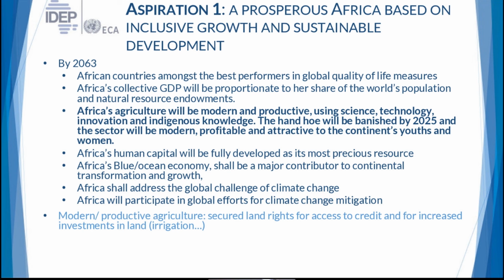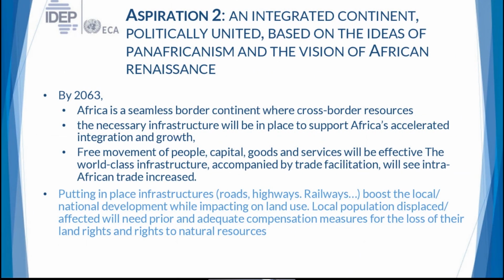And mainly, Africa's agriculture will be modern and productive, using science, technology, innovation, and others. So the modern and productive agriculture needs to be based on secure land rights, secure access to credit, and increased investment in the land sector.